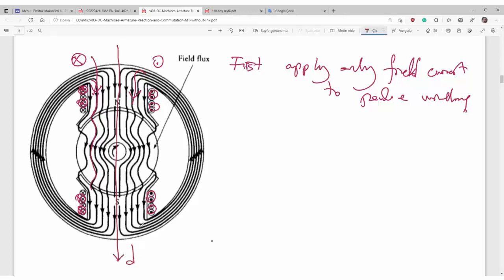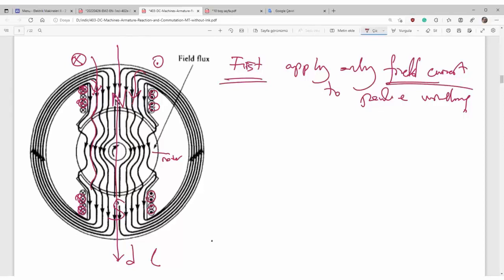Here it is as well. D-axis, pole axis, the main magnetic field axis from N to S over the rotor or armature. There's a smooth distribution. You see only field winding excitation. Okay, do not forget this.